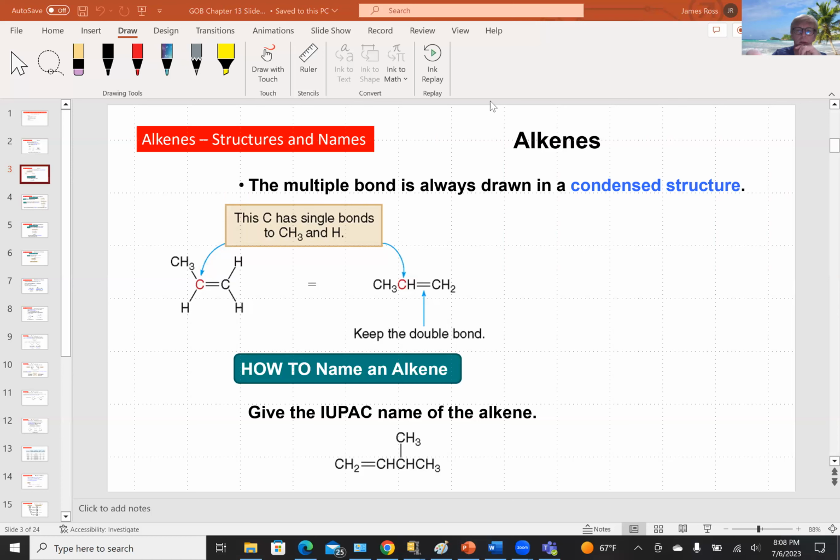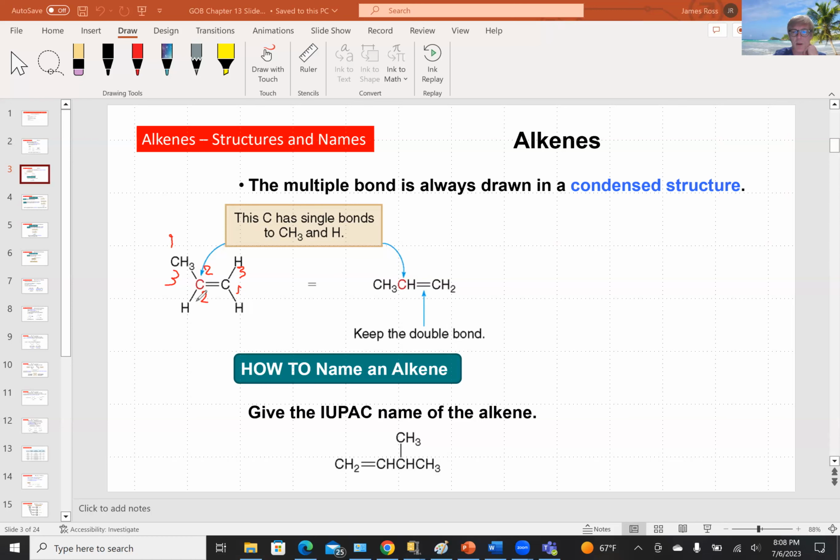So we can either have carbon 1, carbon 2, and carbon 3, or we can have carbon 1, carbon 2, and carbon 3. So as you can see, the double bond is either carbons 2 and 3, or it's 1 and 2. So we prefer 1 and 2, because the rule is that you try and minimize the numbers.